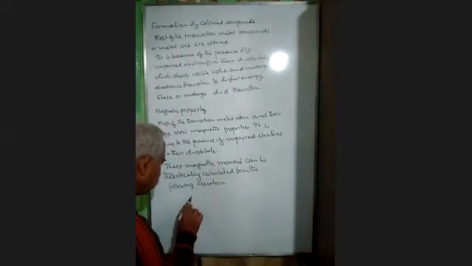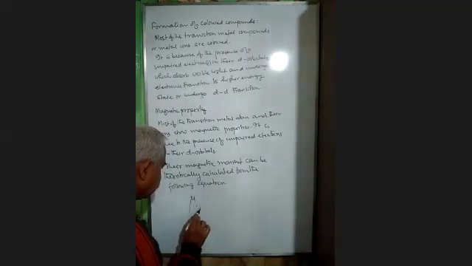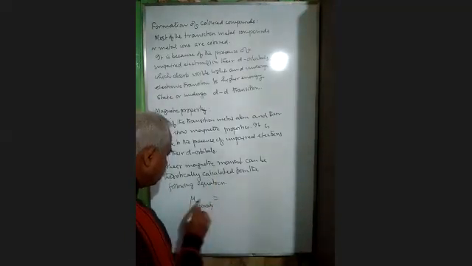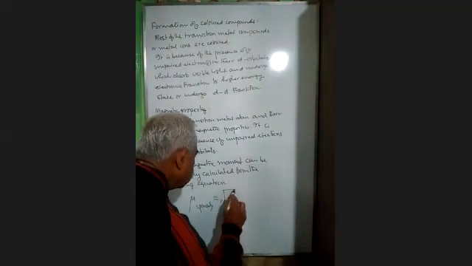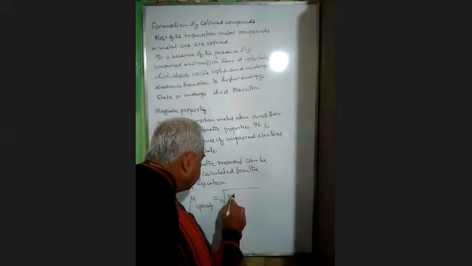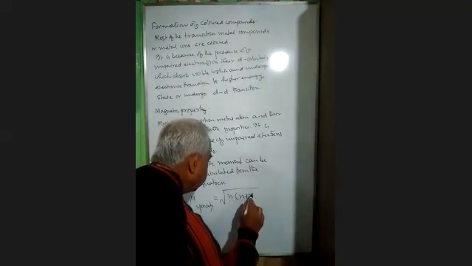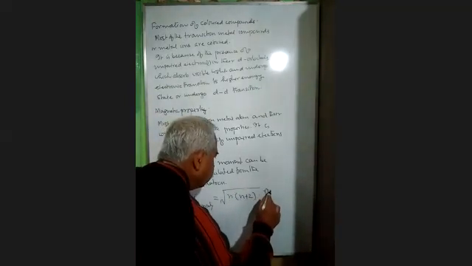Okay, we write here spin only. I'll tell you what spin only. Mu equals root over n into n plus 2 BM. BM is the unit.